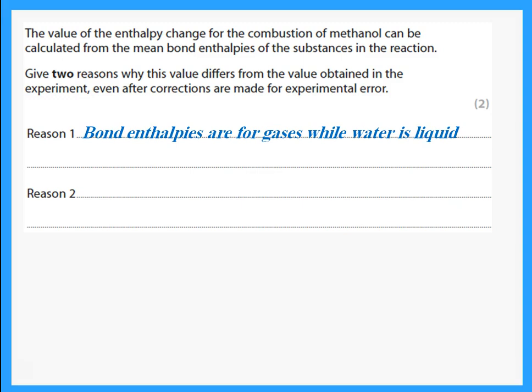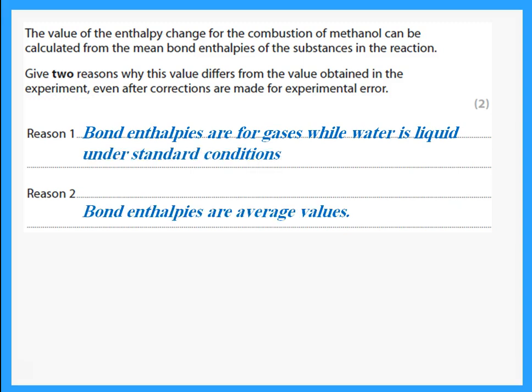We said, first of all, if it involves water, the bond enthalpies are for gases, while water is liquid in its standard state. Now, the bond enthalpies also are actually average values. So when he gives you a value for bond energy, the value that he's giving you is actually an average value for this kind of bond. So it may not be exact for the compound we're talking about.